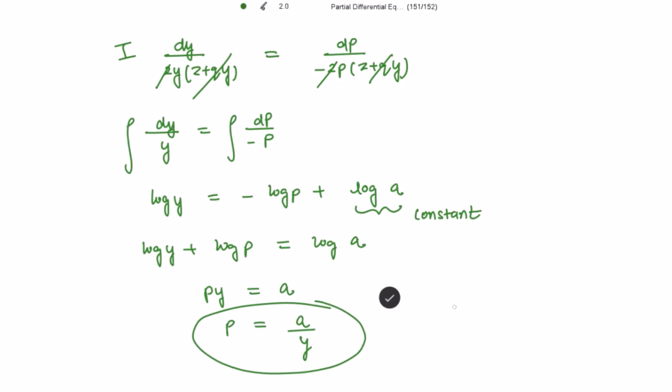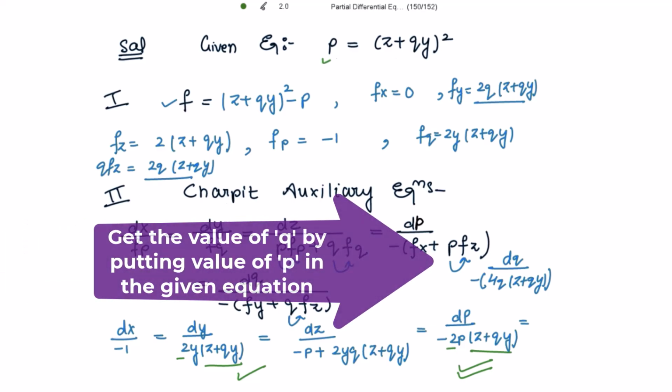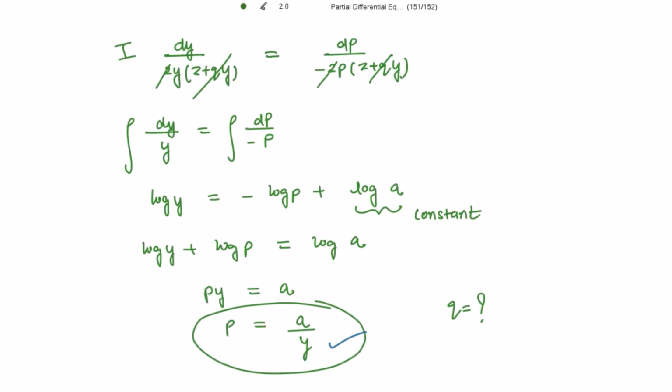And now remaining is to find the value of q. Either you can get the value of q by equating the ratios, or directly you can put the value of p in the given equation and get the value of q. It's up to you. Here I am going to put the value of p in the given equation. From the given equation, p equal to (z plus qy) whole square, and we have p equal to a divided by y.